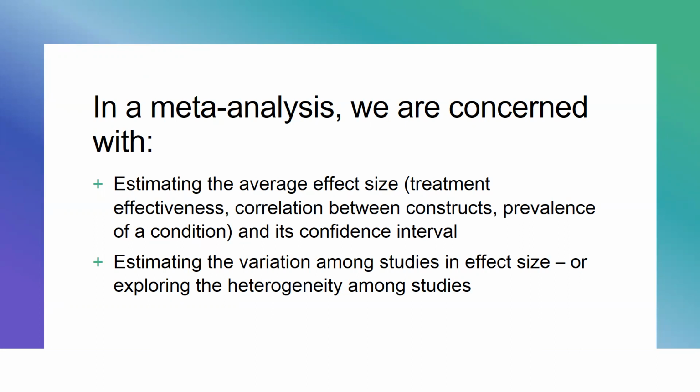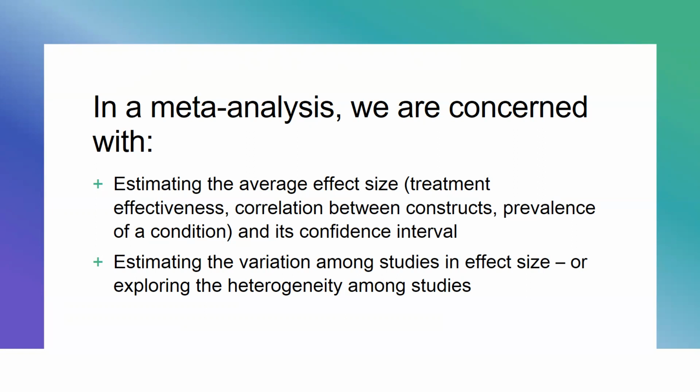Are mindfulness interventions effective in improving a child's cognition or metacognition or their academic achievement? Or we might be interested in the average correlation between spatial skills and mathematics performance. Or we might want to understand what is the prevalence of a given condition across this set of studies.